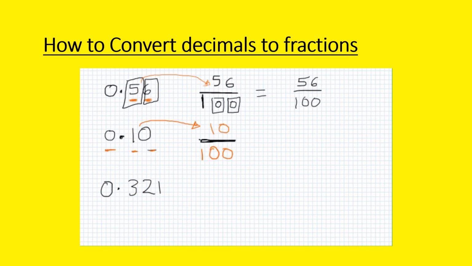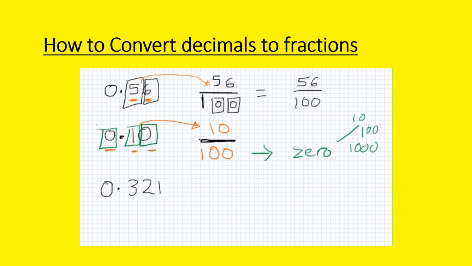Now remember, the bottom, the denominator is always going to have a 0. This is the easiest way to remember this. Have a 0 on the end. So it's either going to be things like a 10, 100, you can have 1,000, but it depends on how many digits, how many spaces you've got.